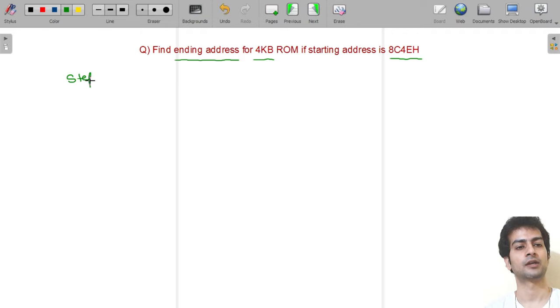Step 1 is to find the number of address lines.